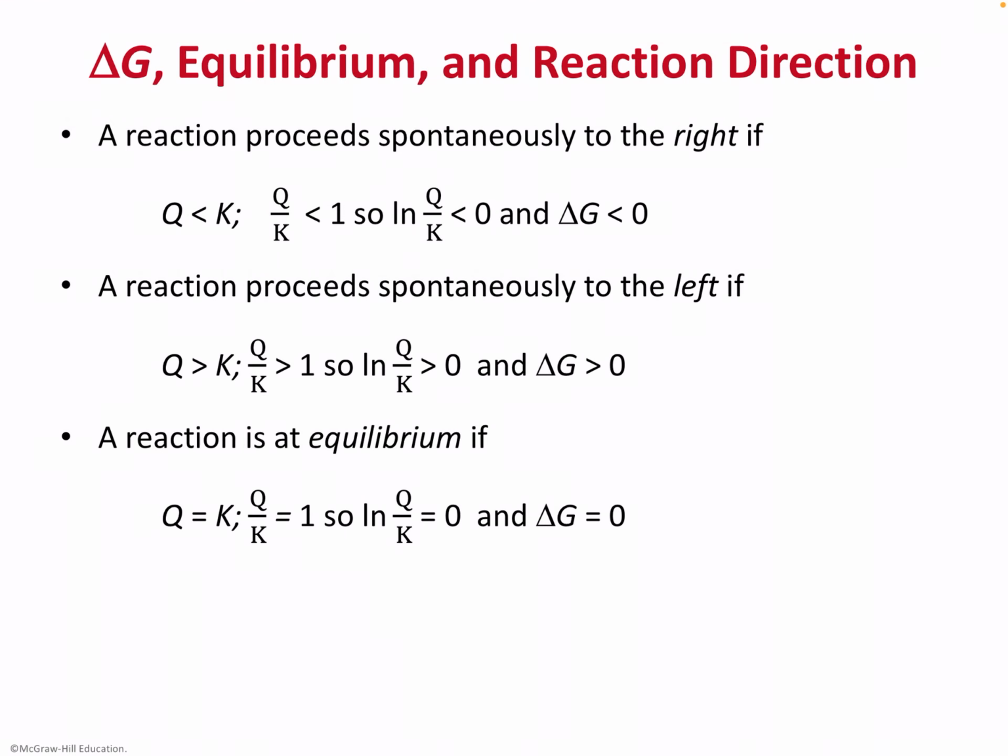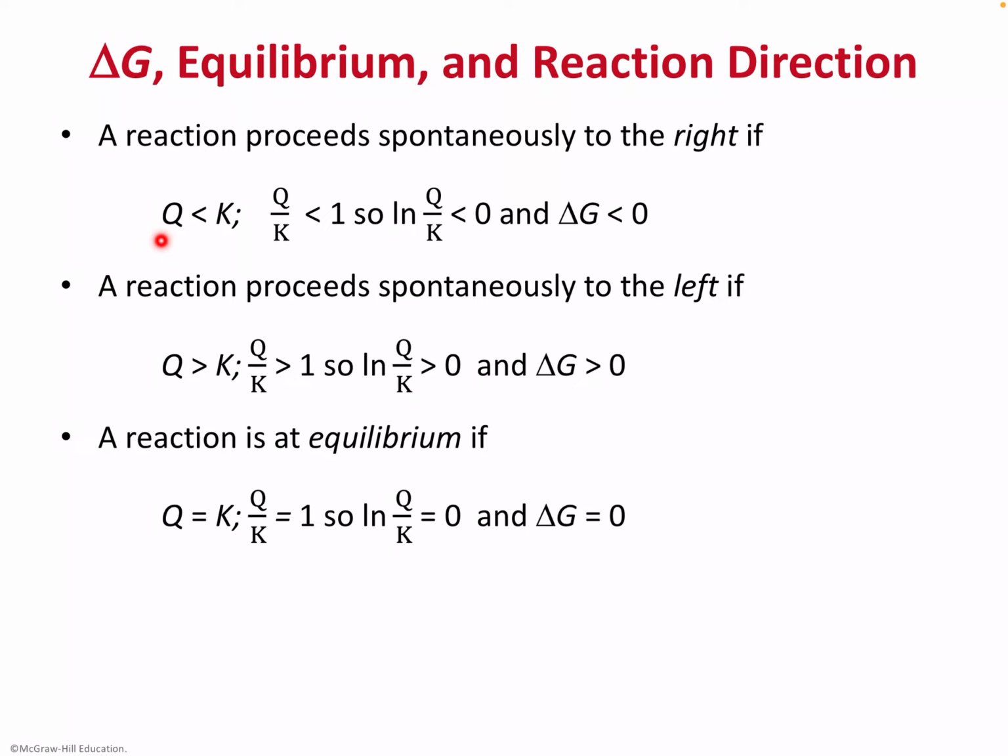Delta G, equilibrium and reaction direction. A reaction proceeds spontaneously to the right if Q, remember the reaction quotient, and the equilibrium constant K: if Q is less than K, it would go in the right direction. If Q is greater than K, then in order to reach equilibrium, it should go in the reverse direction, right?